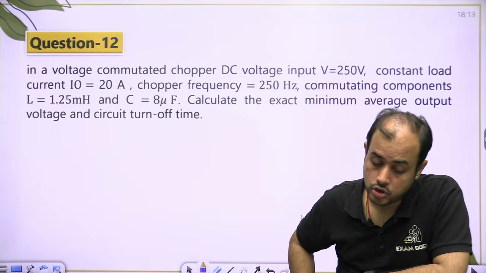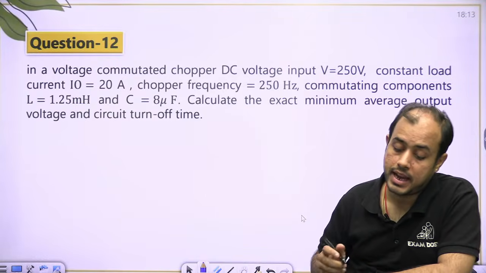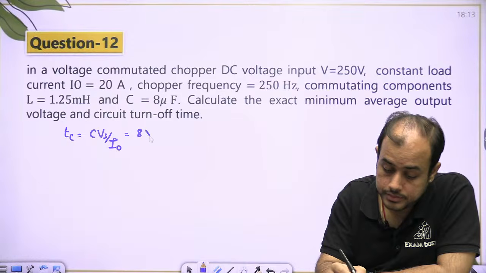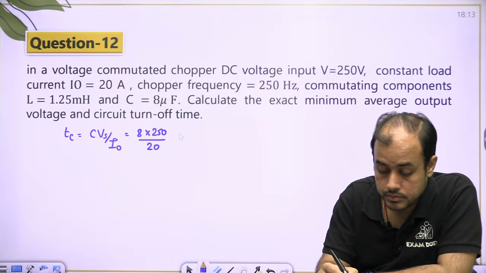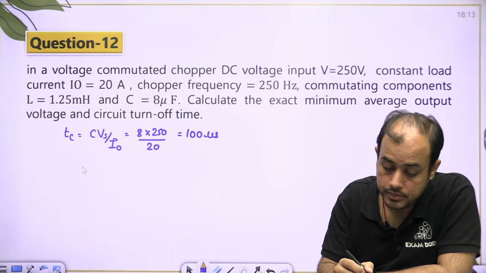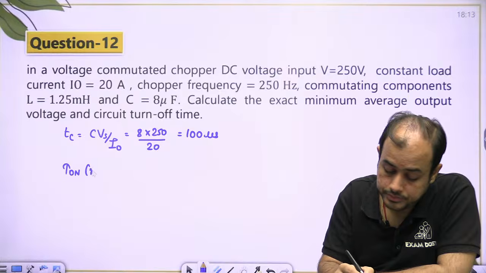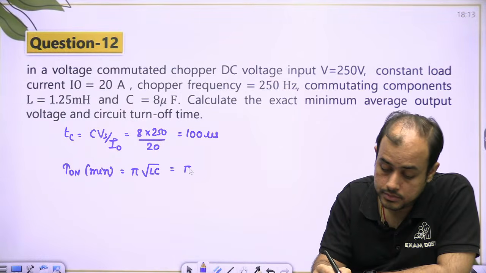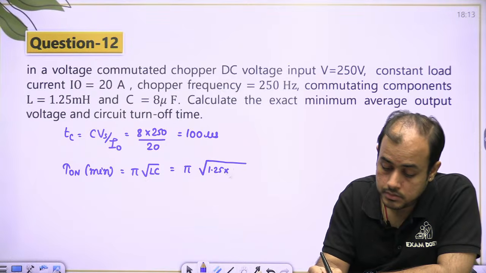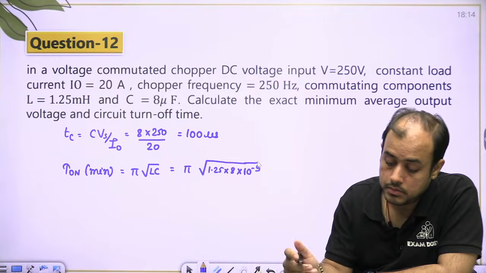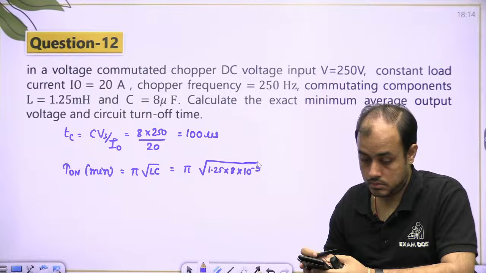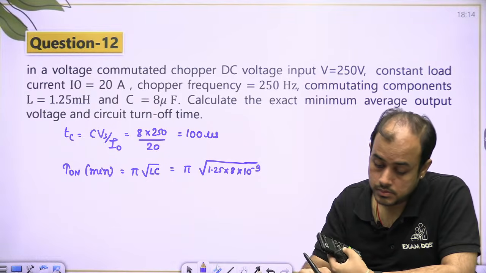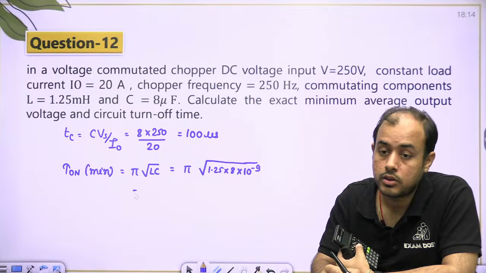In the voltage commutated chopper, commutating components, exact minimum average output voltage and circuit turn off time. 100 microsecond और T on min. भाई सेम ही क्वेश्चन आ गया क्या, क्योंकि वहां भी 100 आया था. वही क्वेश्चन है.